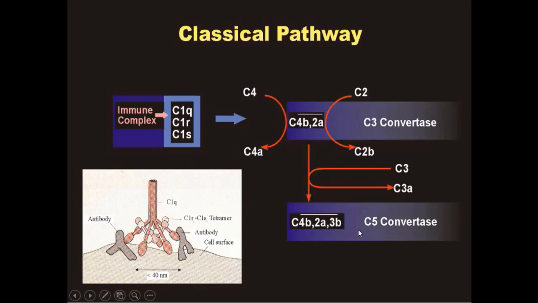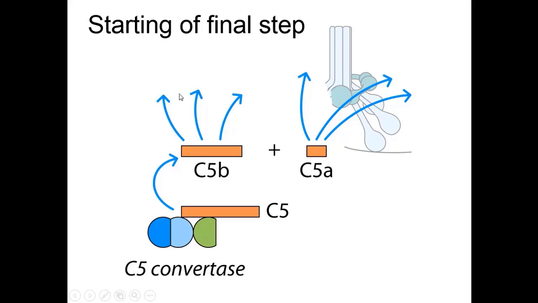And here you can see the starting of final step or final phase. Then cleavage of C5 into C5b and C5a is the start of final step. Then here C5 convertase cleaves C5 into C5b and C5a.